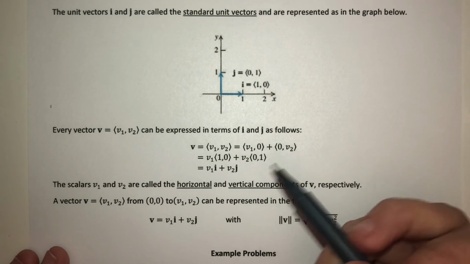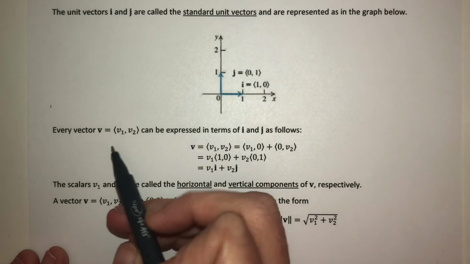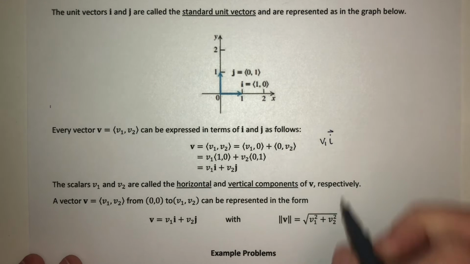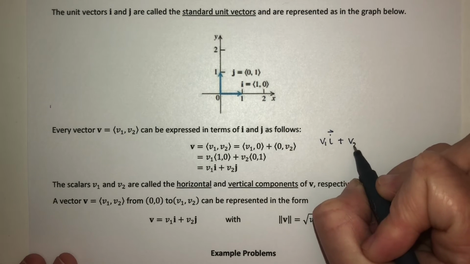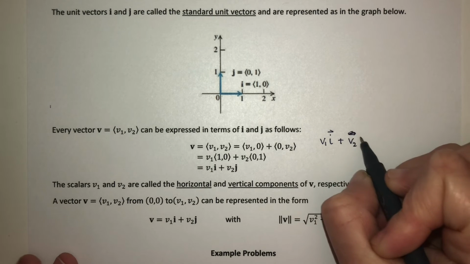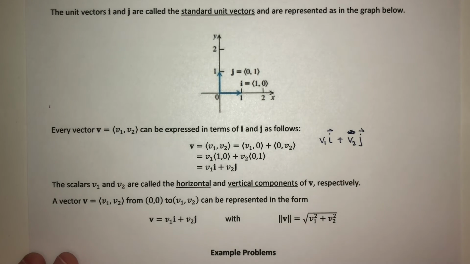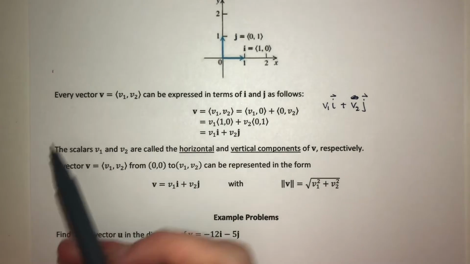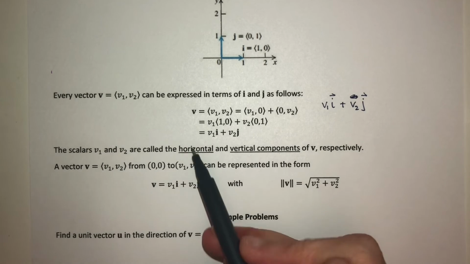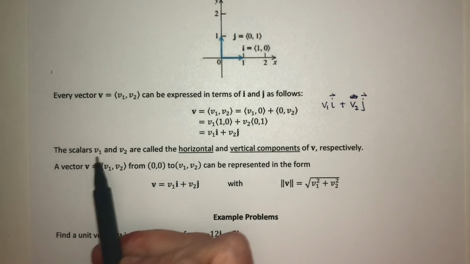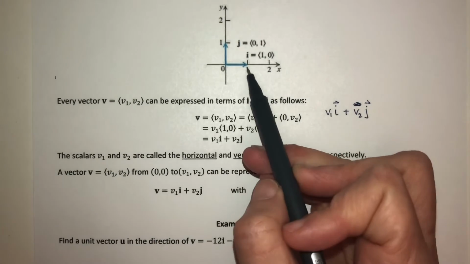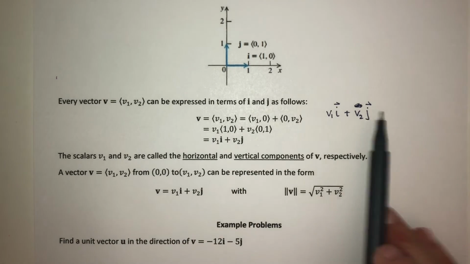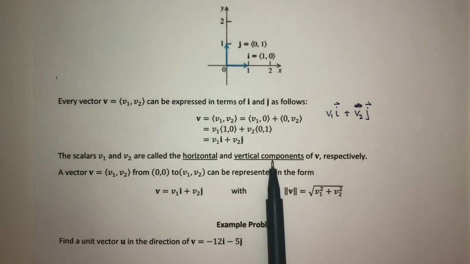So basically what this says, if you have any vector here, you take the first component with an i and add to that the second component with j, and j is a vector. Very easy to do, okay? So the scalars v1 and v2 are called the horizontal and vertical components. v1 goes with i, and i goes on the x-axis, and that is the horizontal. v2 goes with j, which is the y-axis, which is the vertical component.